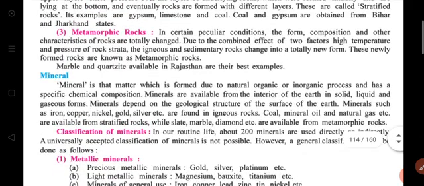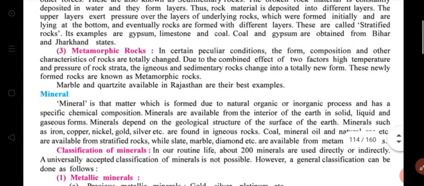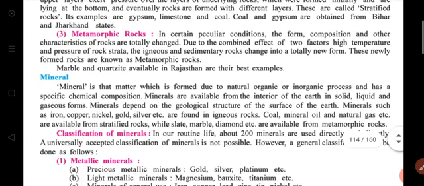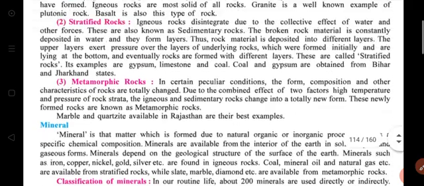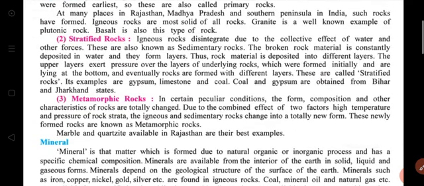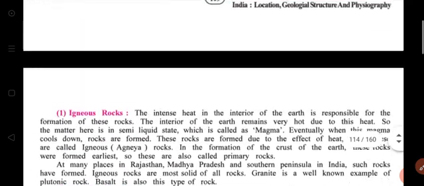Then, metamorphic, in which the form, composition, and other characteristics of the rock are totally changed. Marble and coralite available in Rajasthan are the best examples of metamorphic. Coal and gypsum are examples of stratified, and granite is an example of igneous.